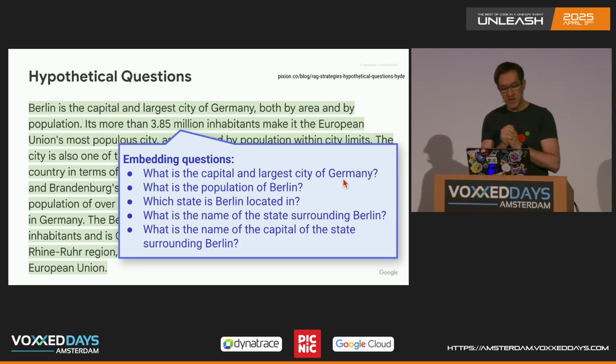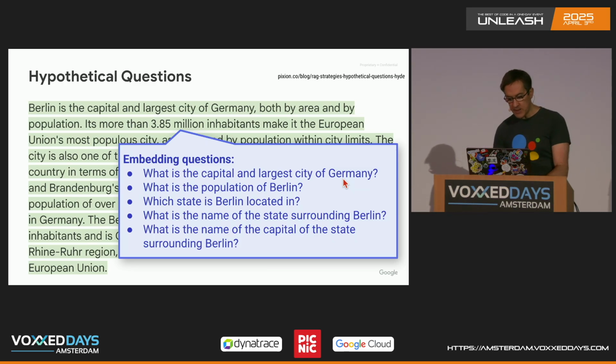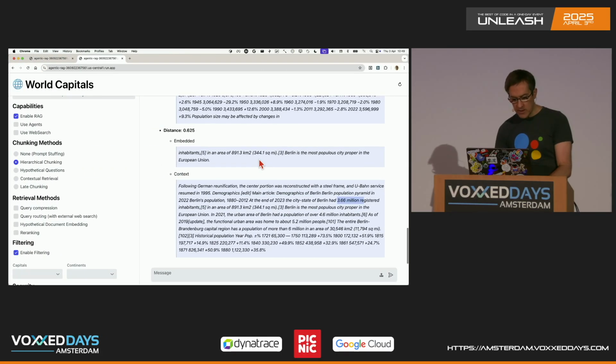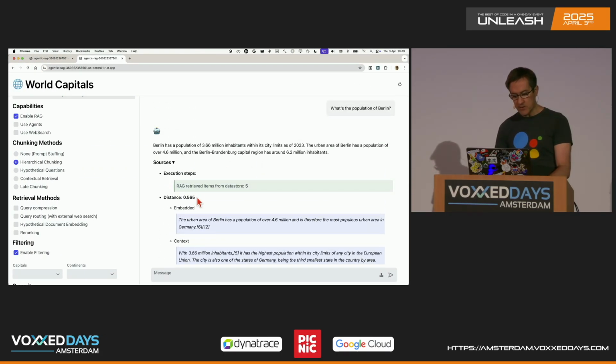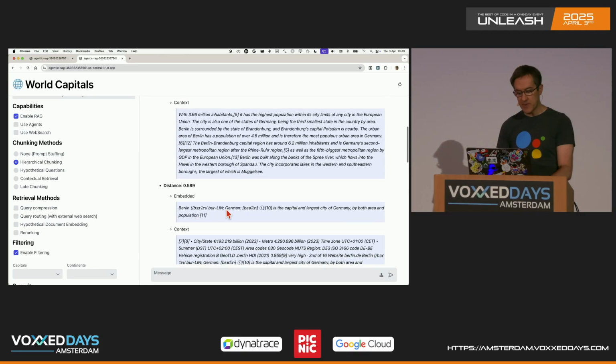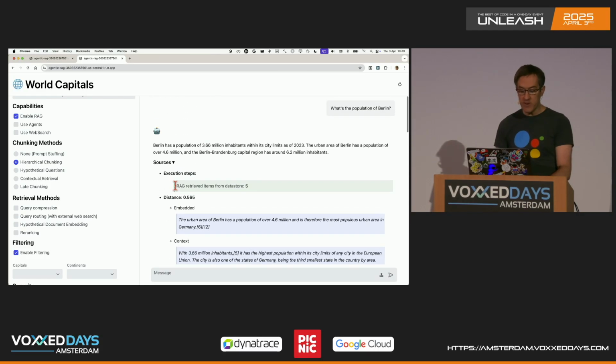So this is a slightly different approach, but it works quite well. So just remember those distances you saw, and we'll see if with this approach we can get better results. So we had the smallest distance was 0.565.